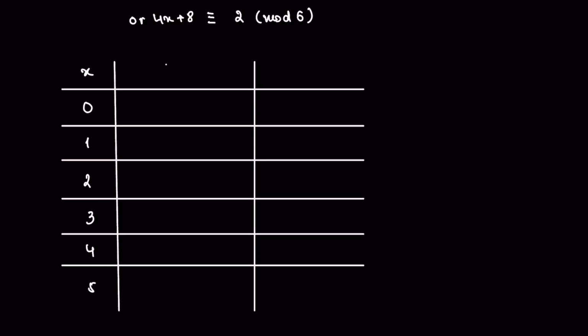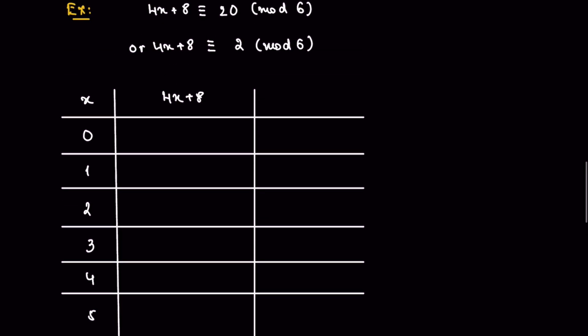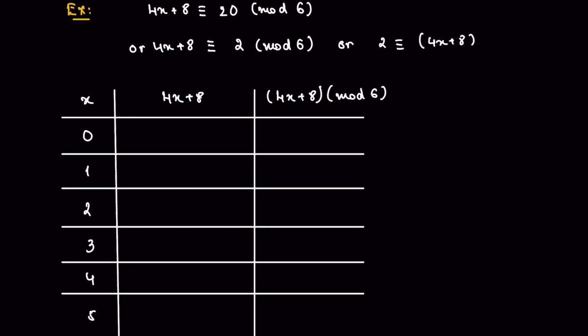So here are the values of x, 0, 1, 2, 3, 4, 5. And in the second column, you have 4x plus 8. And in the last column, you can do 4x plus 8 mod 6. Why can we do this? Because by the definition of congruence, this equivalence can be written as 2 congruent with 4x plus 8 mod 6.